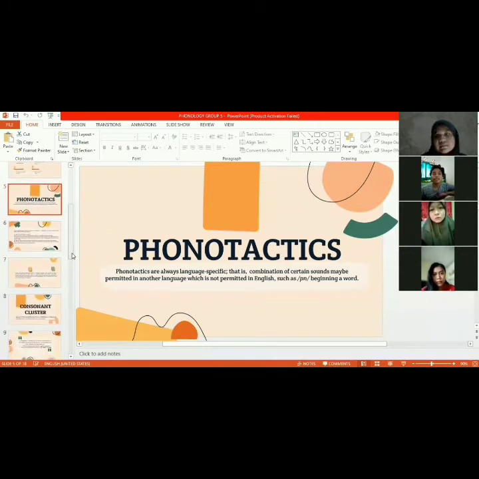Phonotactics is always language specific, or we could say it is distinctive to a specific language. For example, combinations of certain sounds may be allowed in other languages but not allowed in English, such as certain combinations at the beginning of a word.